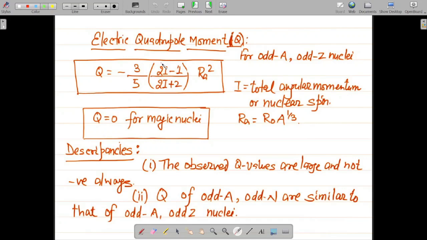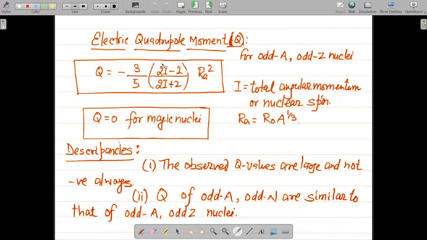So there are two discrepancies involved in this, and there is no need to go into the derivation of this particular formula. You can find it in any book and go through it, but no need to go into the derivation. See, because the UPSC CSE physics optional has a very vast syllabus. Even GS has a very vast syllabus, but in GS you cannot skip any topic.